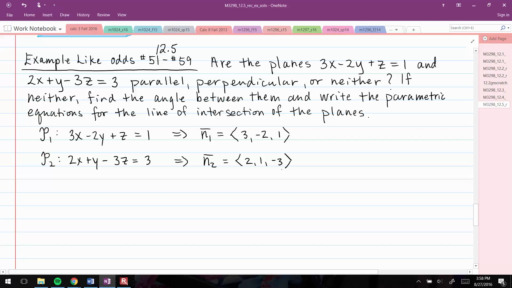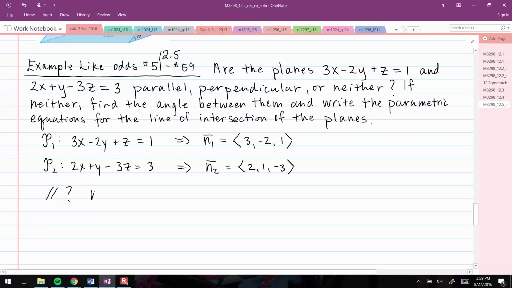All right. So in order for the two planes to be parallel, what we need to check is if their normal vectors are parallel. To do that, one thing you can check is if one of the normal vectors can be found by taking a scalar constant times the other one. When I say do, I don't really mean actually doing.